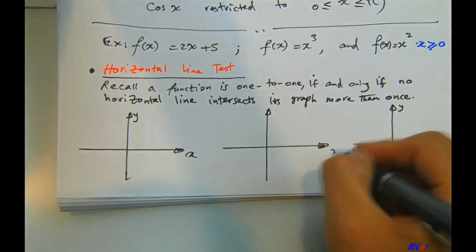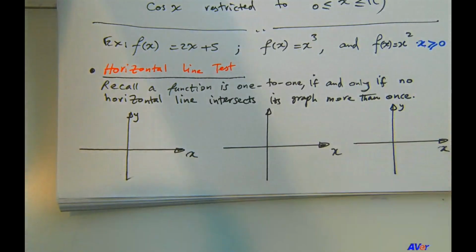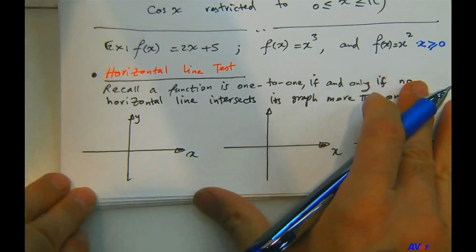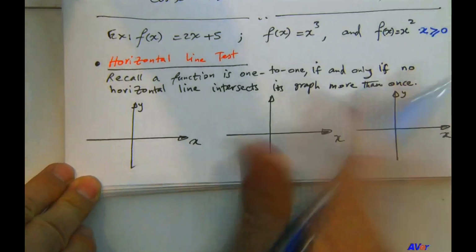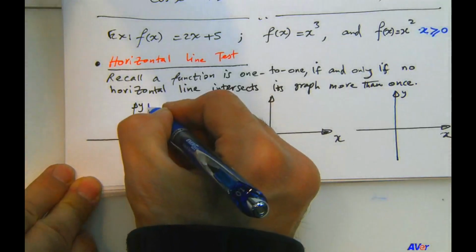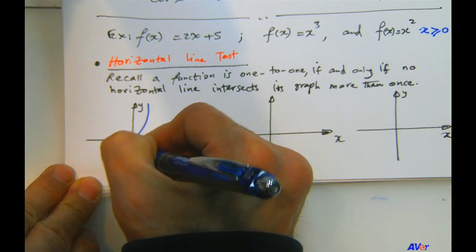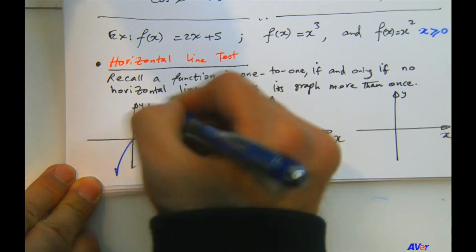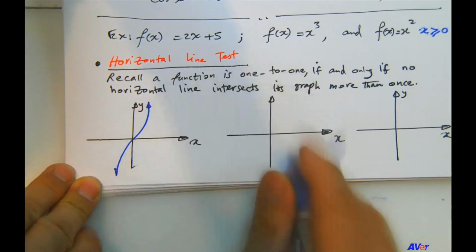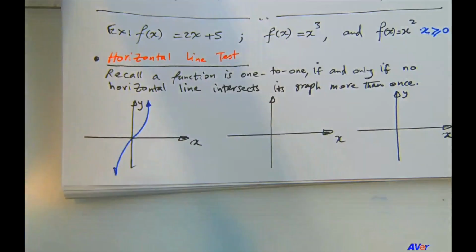Okay, suppose we have a graph like this. I'm sure you'll recognize this graph very quickly. Remember what this represents, which function? It's the cubic function, right?